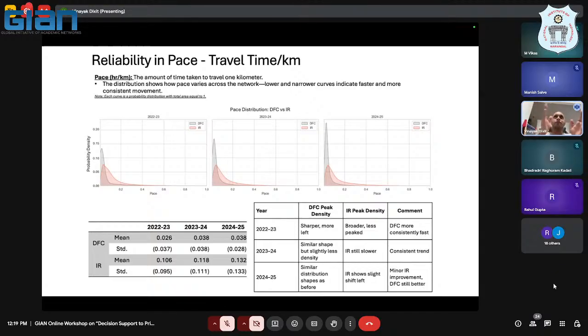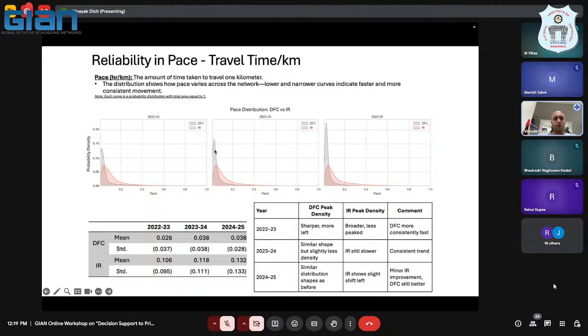Some trips are shorter, some are longer. So how do you evaluate this from a reliability perspective? We look at something called pace, which is the inverse of speed, and it tells you travel time per kilometer. So what is the number of hours or minutes per kilometer? This distribution is showing the number of hours per kilometer.